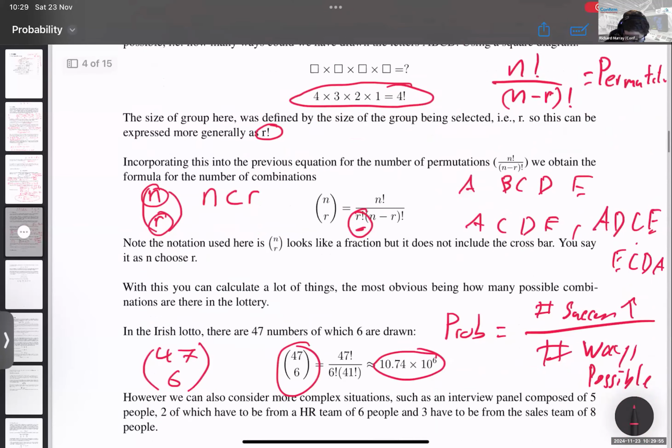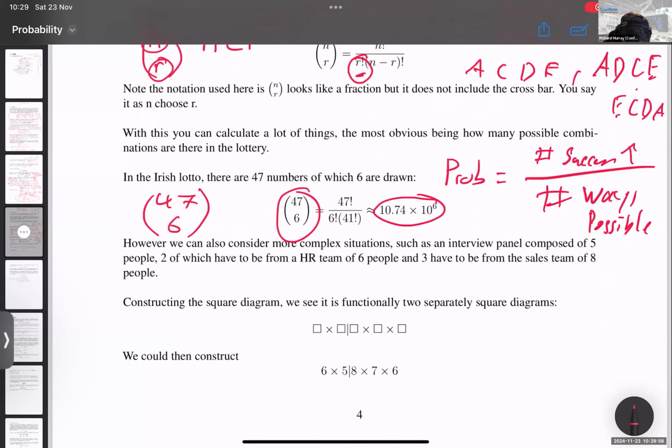So if we did the number of permutations, so 47 factorial over 41 factorial, we see that this is equal to widely 7.731 times 10 to the 9.